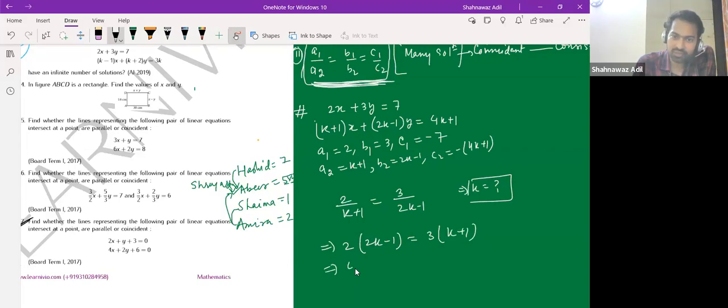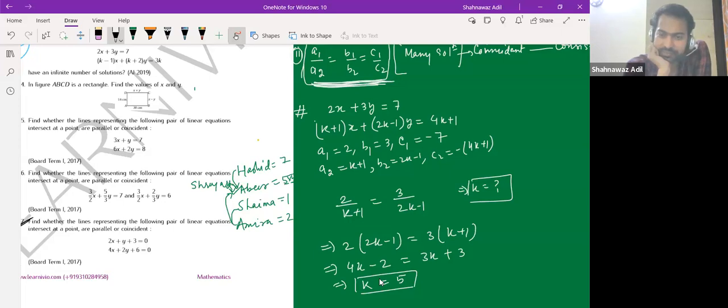So this is 4k minus 3k, that is k. This 2 goes over here, so 3 plus 2 is 5. What was your mistake, Shaima? I changed the plus and minus. So we have to be careful with this, right?